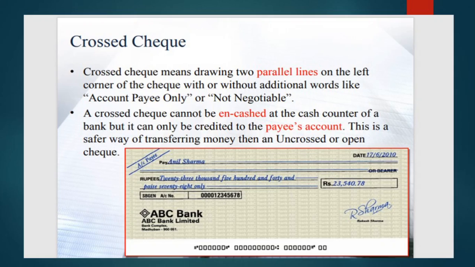Crossing can be written or stamped. This makes sure that irrespective of the person who presents the check to the bank, the transaction is made into the account of the person named in the check. So, a cross check protects banker as well as customer from frauds.